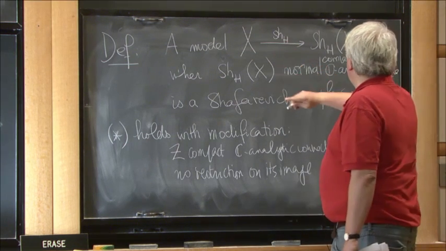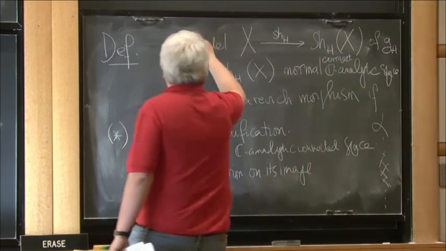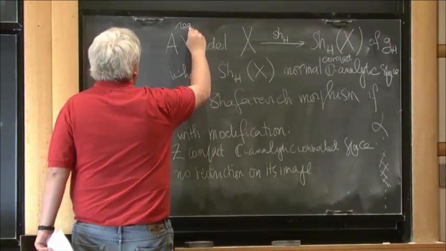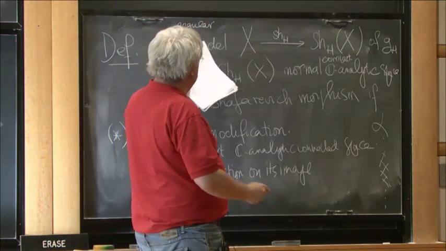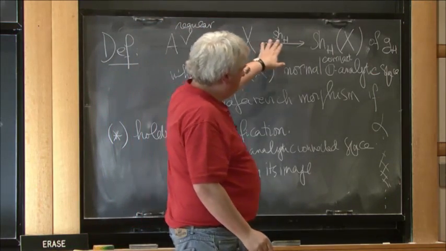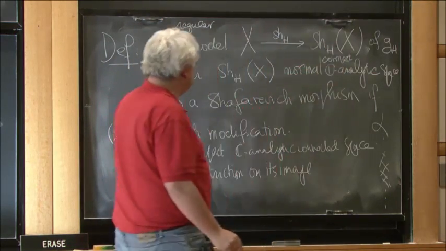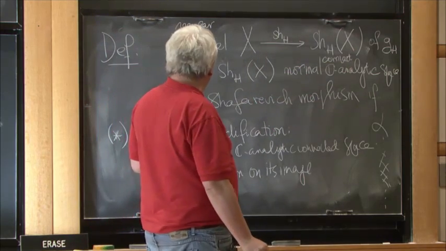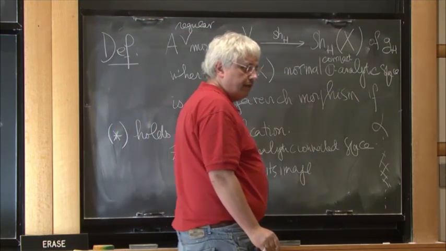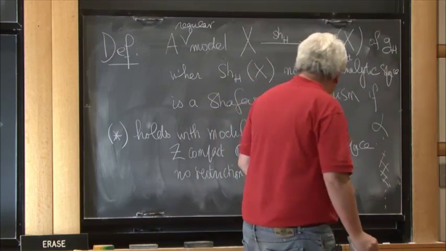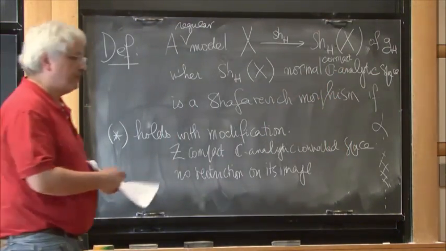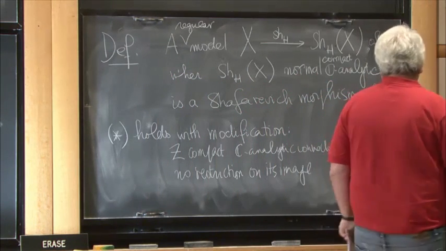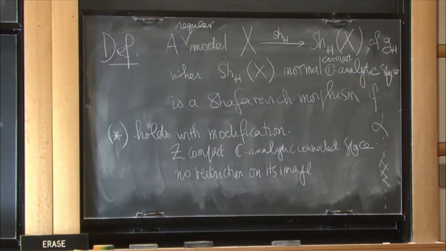No. It's a true morphism. So it's a regular model. It's not birational here. It's really a holomorphic map that contracts exactly those compact connected subspaces that have finite pi1 image. Okay.